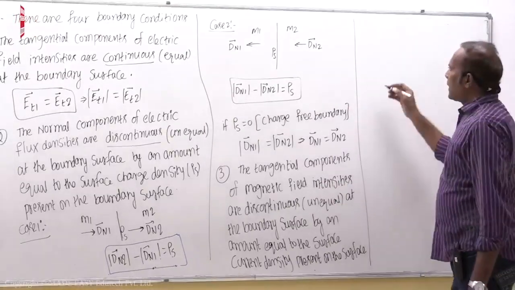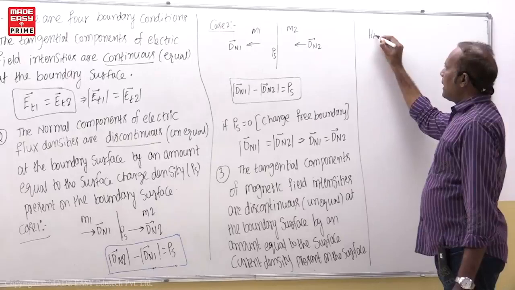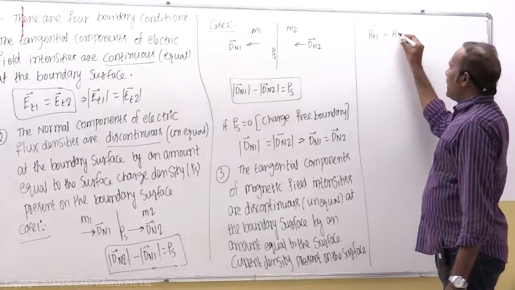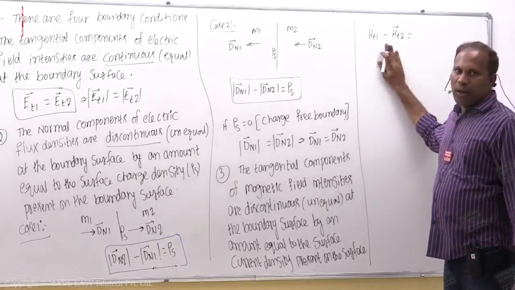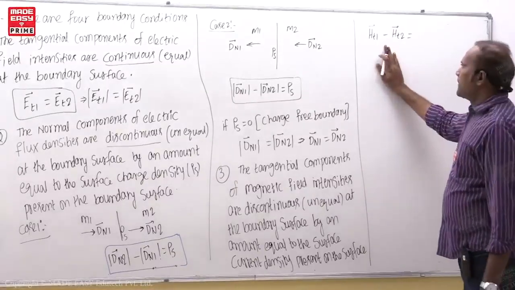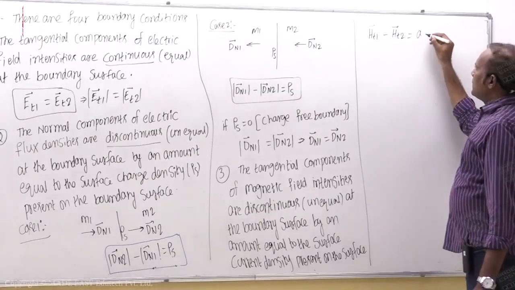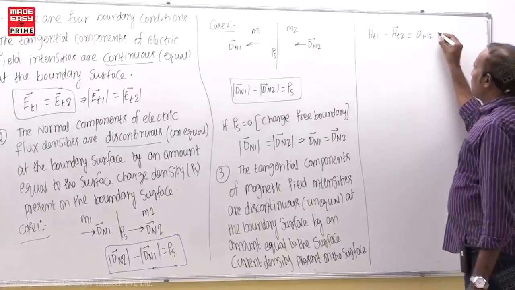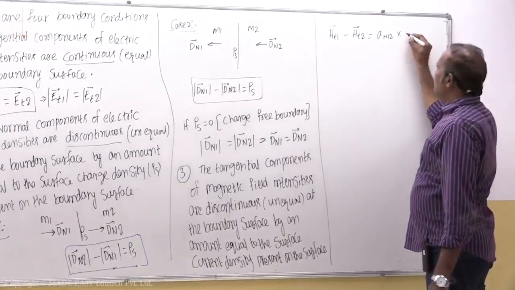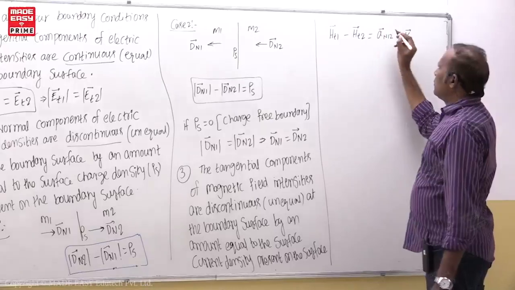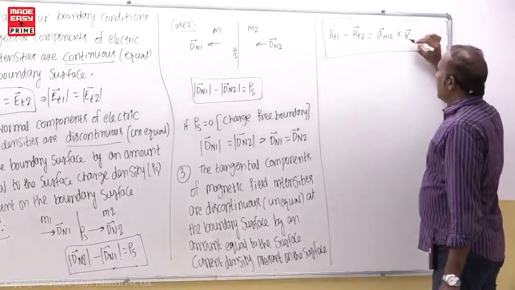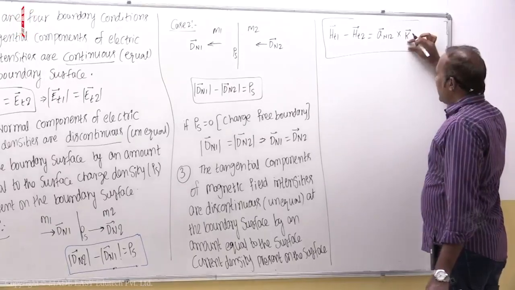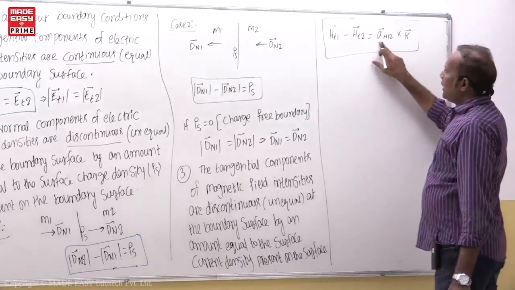So mathematically you get it like this: Ht1 bar minus Ht2 bar is equal to an12 cross K bar. I did not do the complete derivation for this, no need to do the derivations. I will give one hint here. The unit of this is ampere per meter, no unit for the unit vector.